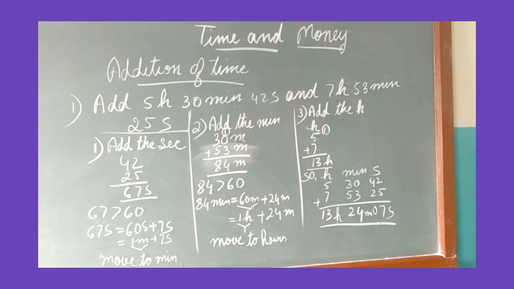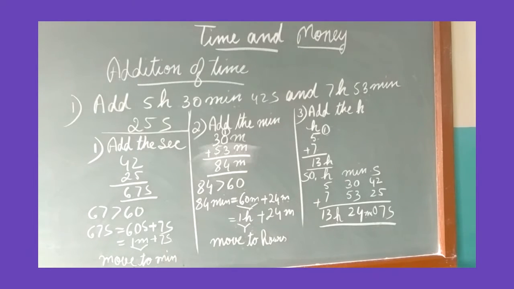Okay, once again we will see how we have done this. First we are adding the second one. It is given 42 second and 25 second. When we add this, what answer we got? 67 second.